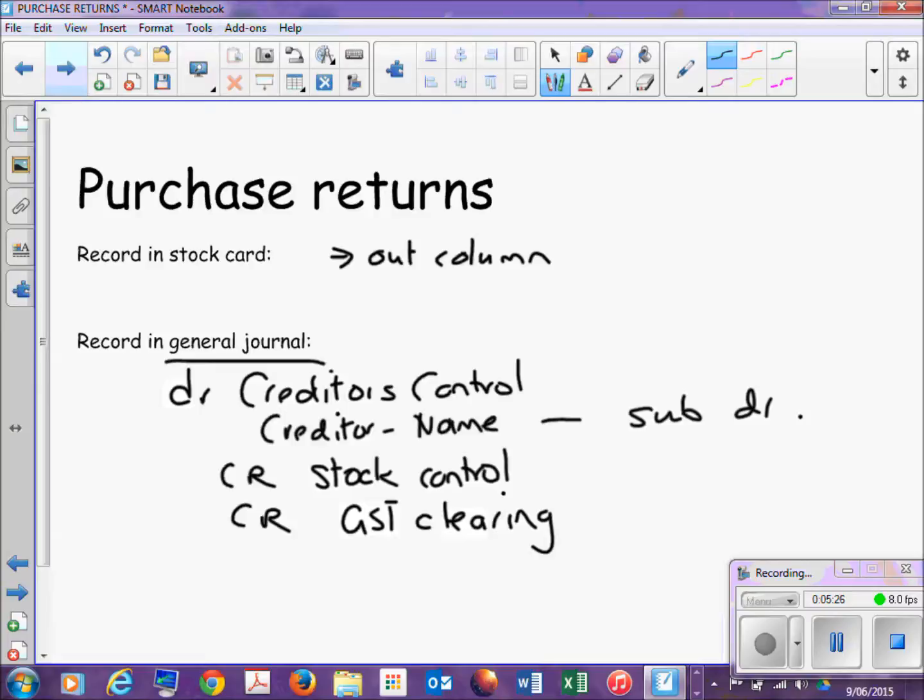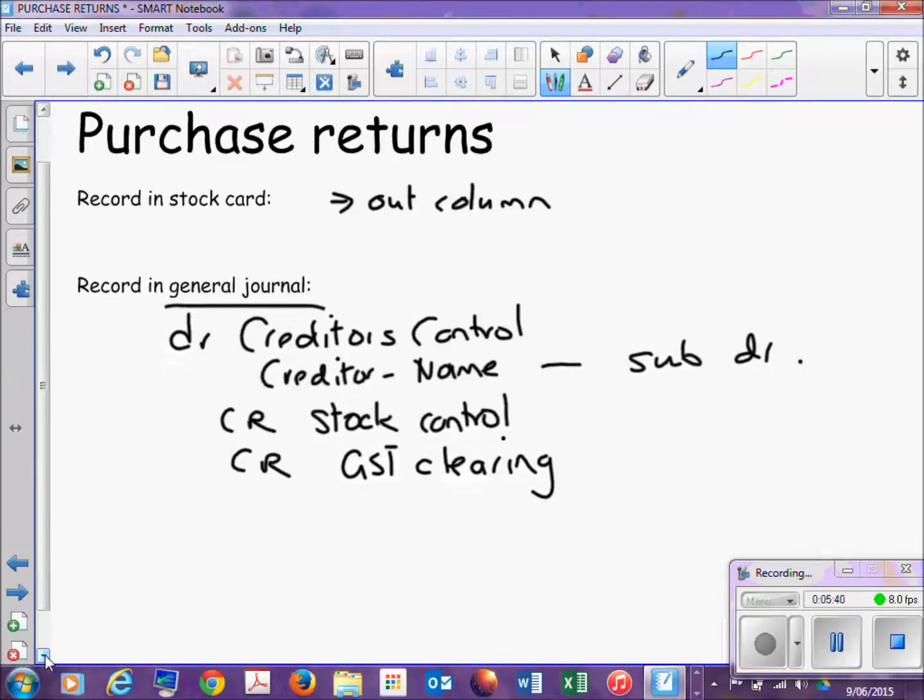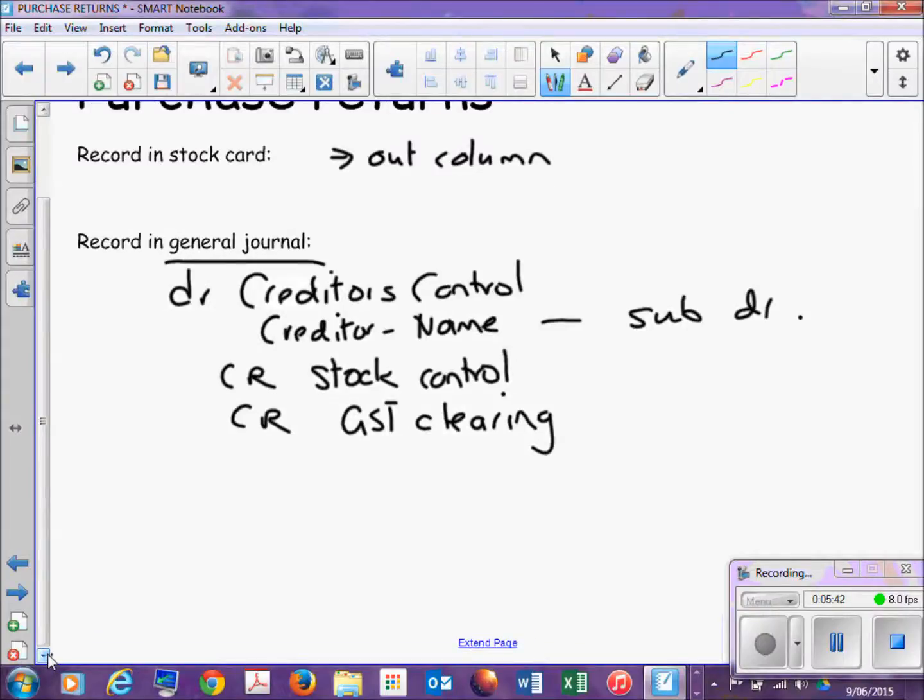We can claim that from the government, and because we've returned the stock we can no longer claim it from the government, so we have to put it back. So that's why it's a credit of GST clearing. So it is easier to do a purchase return than a sales return because there's only 4 things to fill in. Purchase return 4.